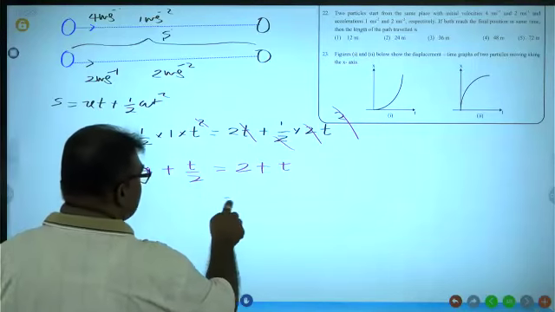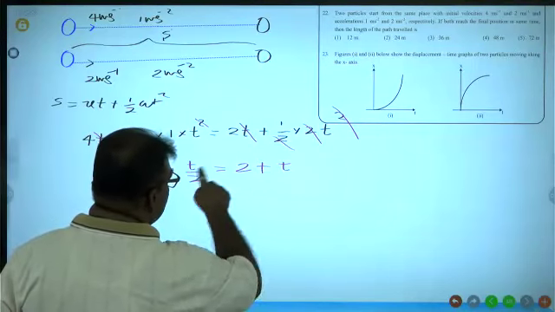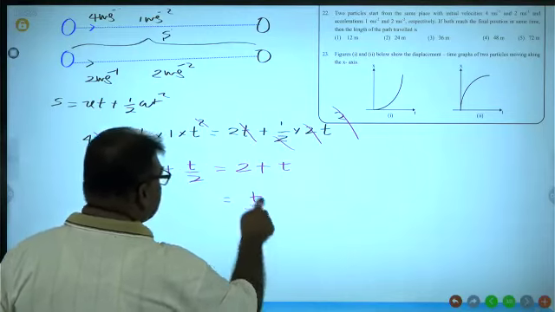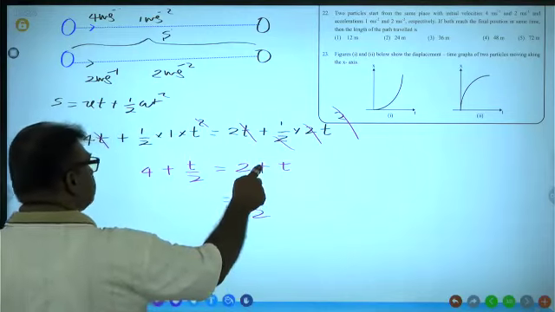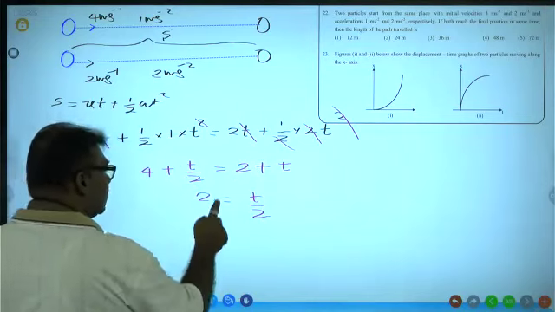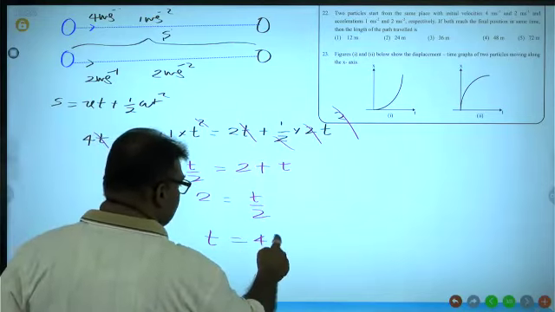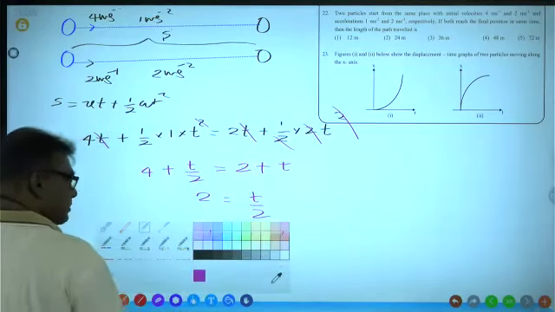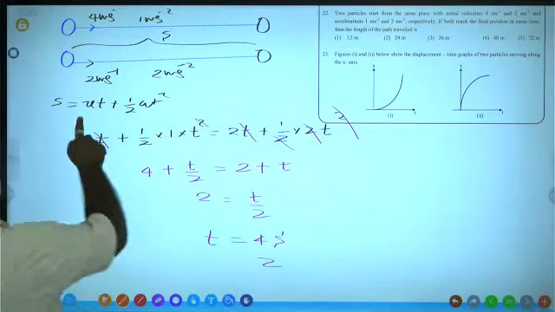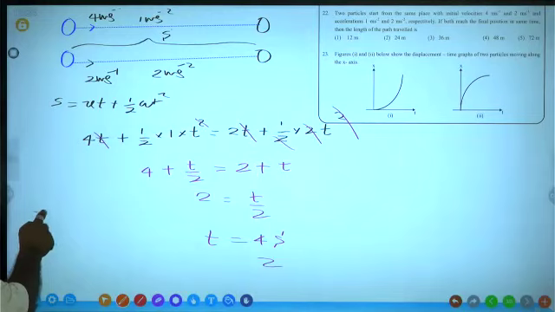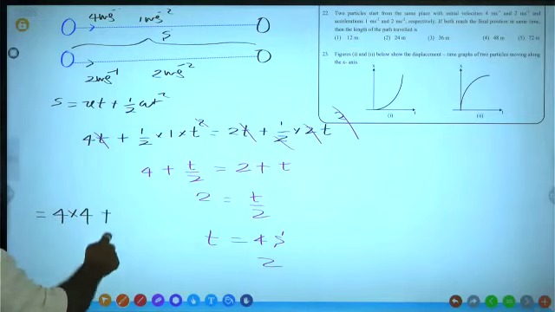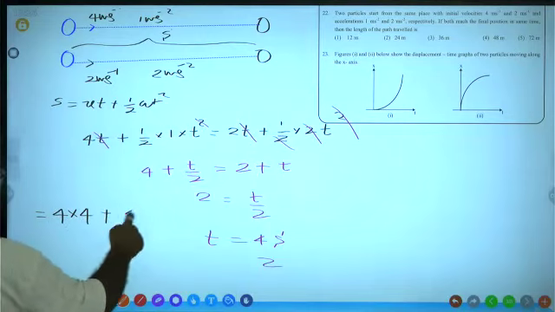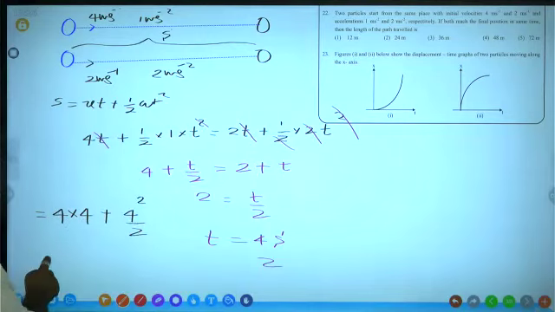Taking this to the other side, it's t minus t by 2, t by 2, equals 4 minus 2, so t becomes 4 seconds, right? Then can we pick this value instead? First thing, we have s equals 4t plus t squared, 4 squared by 2.